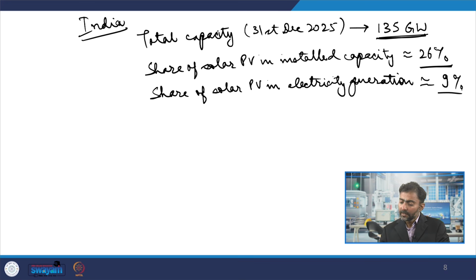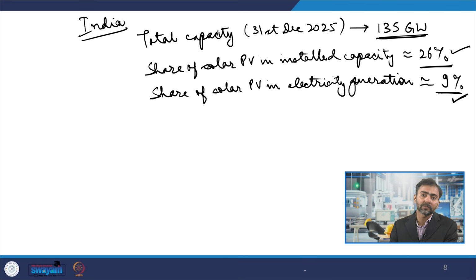So that might seem a little challenging or problematic, that despite the solar PV installed capacity being 26% of the total installed capacity, its share in electricity generation is only 9%. That is, you can say, one inherent drawback with solar PV technology, which we also must be aware of.